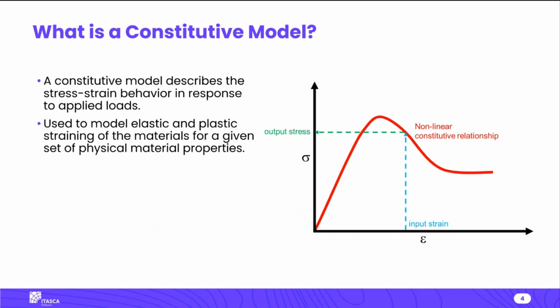So a constitutive model describes the stress-strain behavior in response to applied loads. This is the typical graph you would see where you have stress on the y-axis and strain on the x-axis. Often the material will start out behaving elastically, so there's a linear relationship between stress and strain.